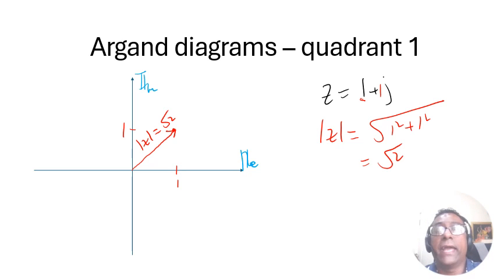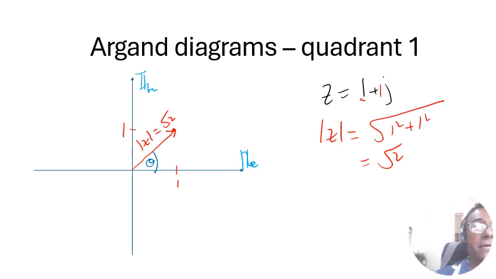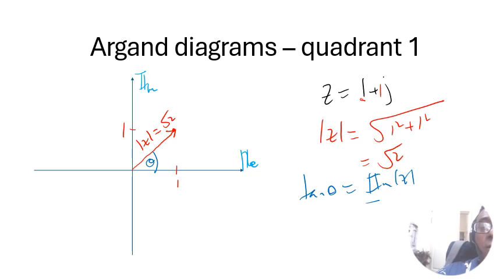Okay, and then we have an orientation, we have an angle developing in here, and that is very interesting as well. So for the example, that angle theta, we would know would just be tan of theta is going to be just the imaginary part of z all over the real part of z. In this case, it's just going to be 1 over 1.